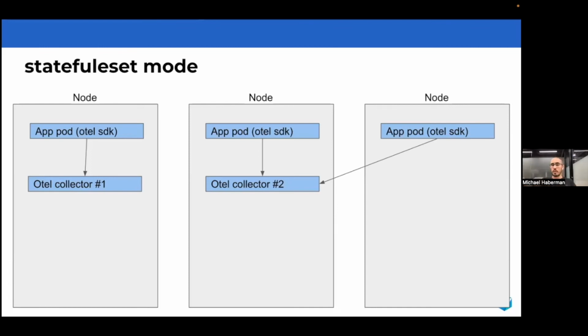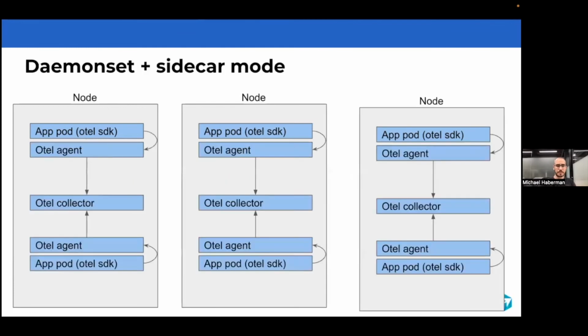I'm not aware of a use case where I would use it, because I can always use a load balancer, and I don't really care about the name of the collector, but it is a possibility. In the documentation itself, the reasoning for that is to have predictable names, which is great. If somebody needs it, you have this option.